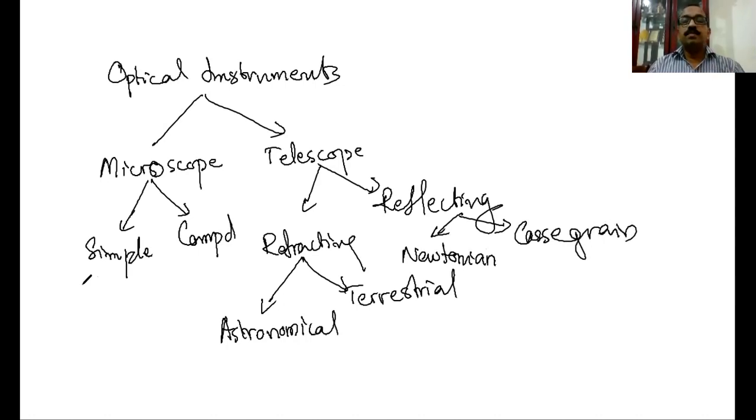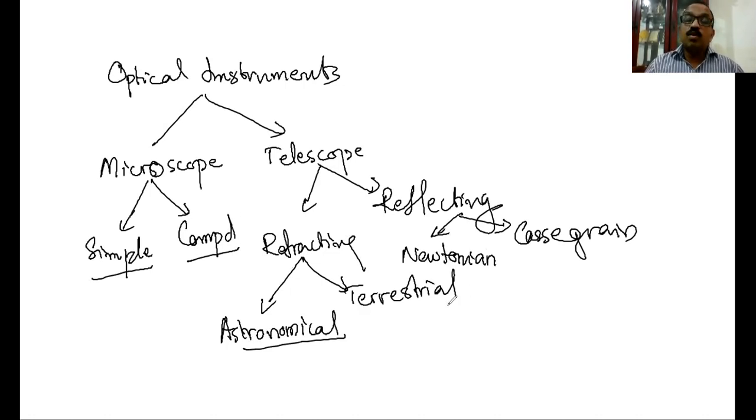If you look at the picture, you'll be able to make out in what all ways the optical instruments are divided. As per the CBSE portion, we have to learn simple microscope, compound microscope, and the astronomical refracting type of telescopes in detail, including ray diagrams and some of the derivations.